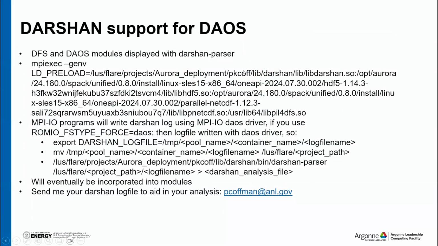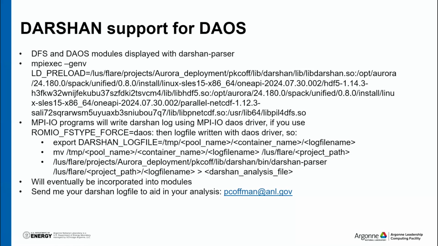As long as you're a member of the Aurora deployment project, it's built with HDF5 and PnetCDF support, so you have to specify those shared libraries explicitly, and then follow that with the libpil4dfs IO intercept library that Kaushik touched upon.